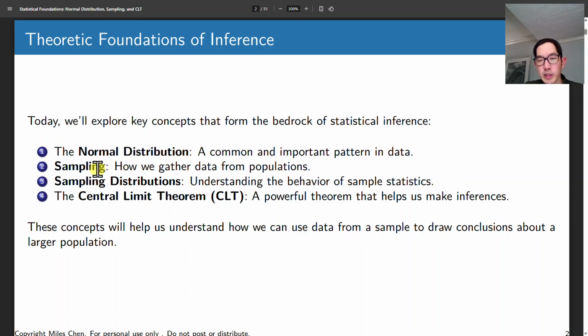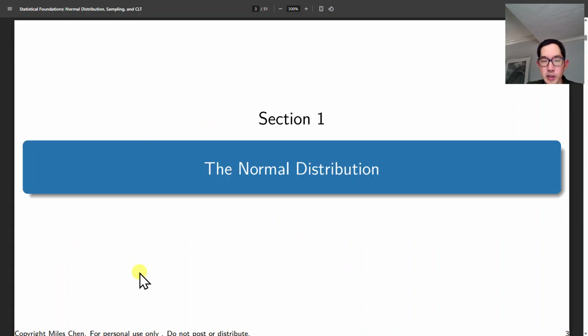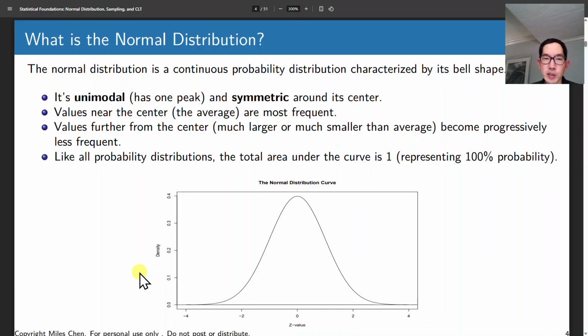Sampling is how we gather the data from our population, and because of that random sampling process, we end up with something called a sampling distribution. And so let's start off by talking about the normal distribution.